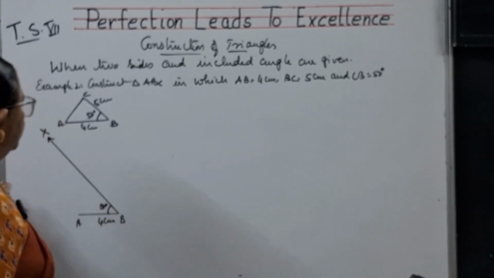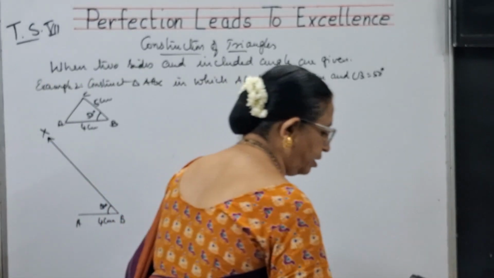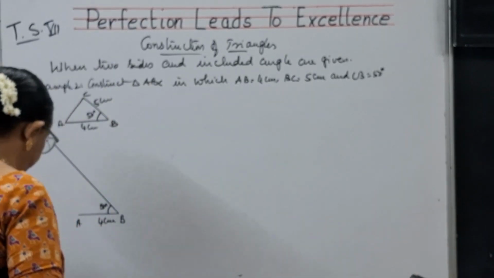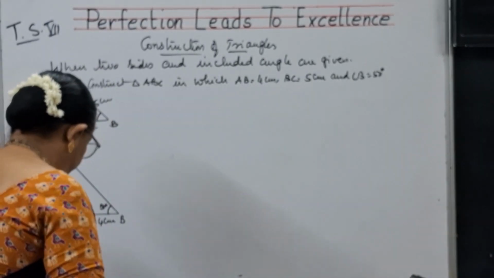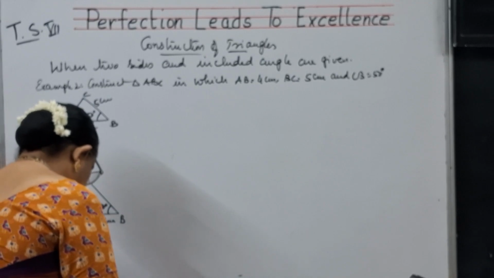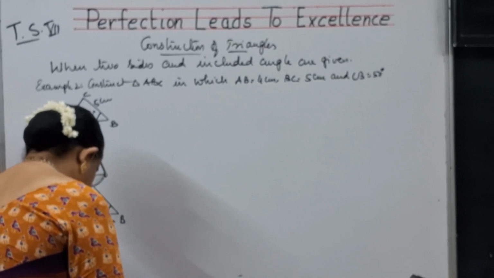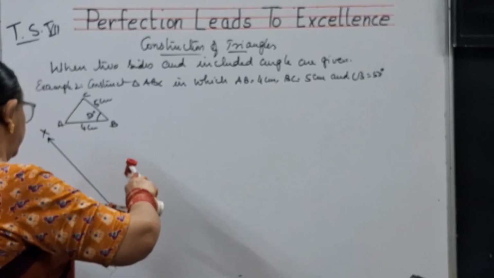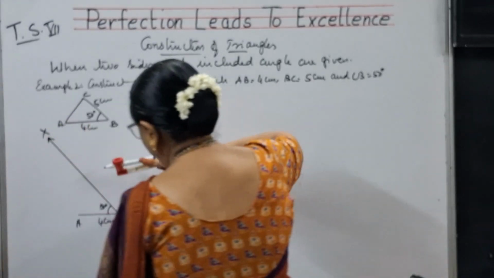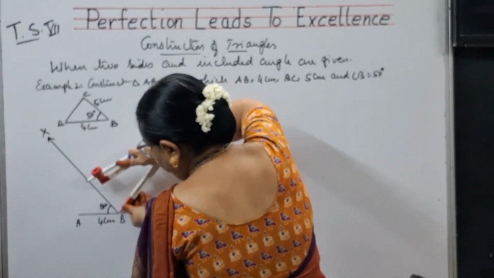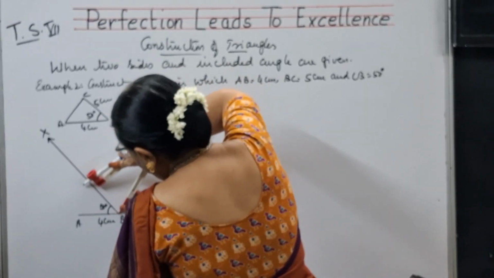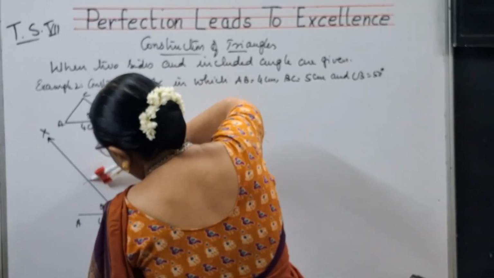Now what you need to do, B as a center, BC is 5 centimeters, you have to take 5 centimeters. 5 centimeters you have to take the compass, and at B you keep it at B and then you draw an arc like this.